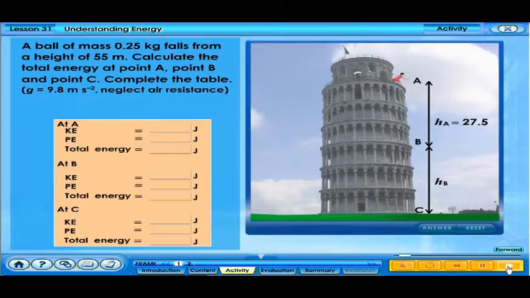A ball of mass 0.25 kilograms falls from a height of 55 meters. Calculate the total energy at point A, point B, and point C. Complete the table.